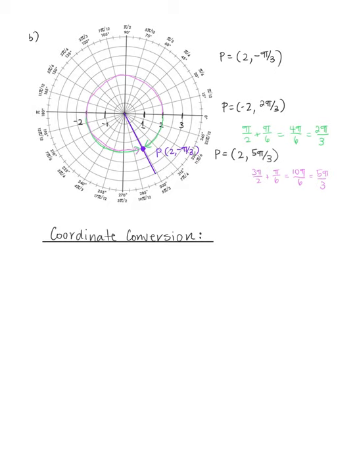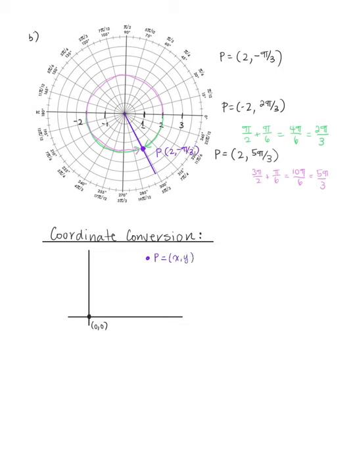Okay, our next very, very important topic is coordinate conversion. Suppose we're given a point on the rectangular coordinate system, which will be x comma y. What we want to do is represent that same exact point in a polar coordinate system. So suppose this is our rectangular coordinate system, and I'm just going to choose a point P. Our point P right now is in terms of x comma y.